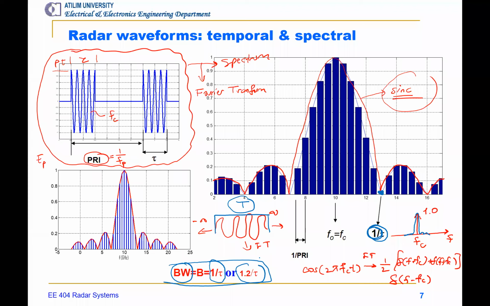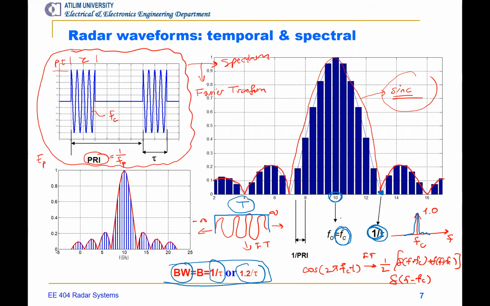We usually will be taking 1 over tau in this course mostly. But if you see 1.2 divided by tau, then don't be confused, that's also correct. And if they use 1.2 over tau, then use 1.2 over tau in that calculation. Clear? Now, in the sinc, as you see, the center is FC.